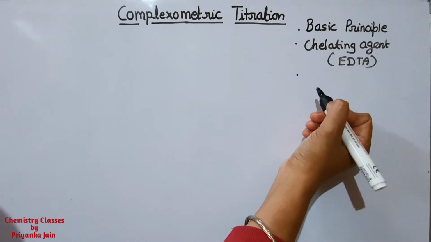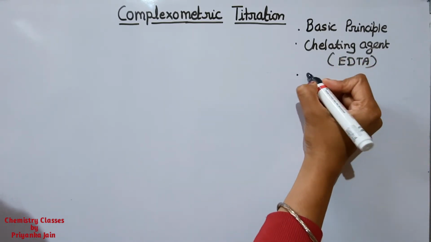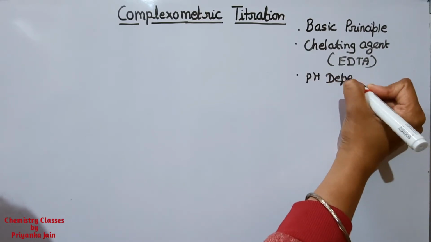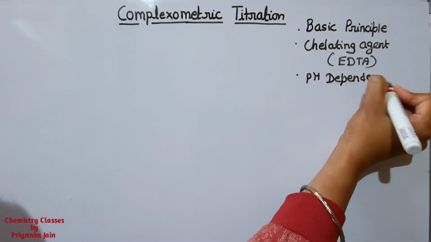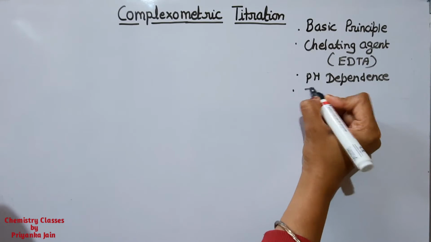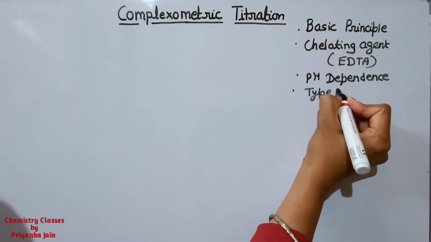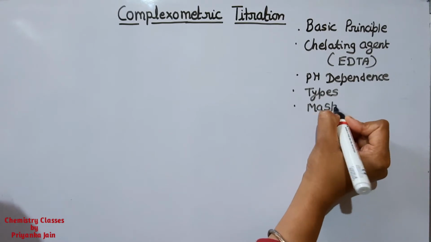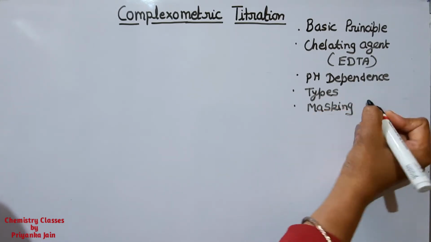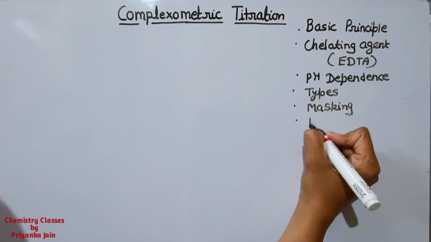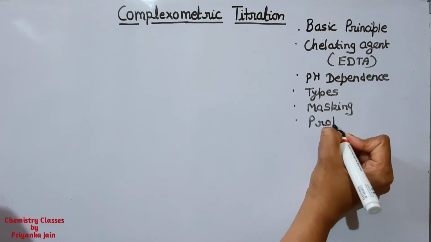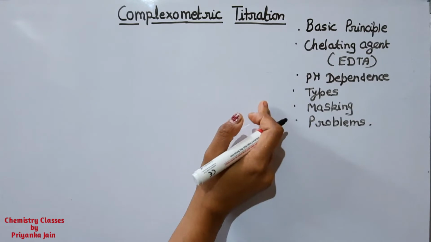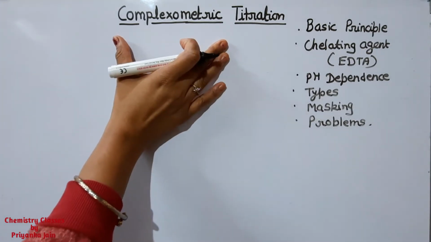Then we have to study the pH dependence of the EDTA, and then the types of titration. Then we have to see masking and demasking, and then the various problems that have been asked in the CSIR NET as well as in the GATE exam. So these are the things that we have to study in this particular video.